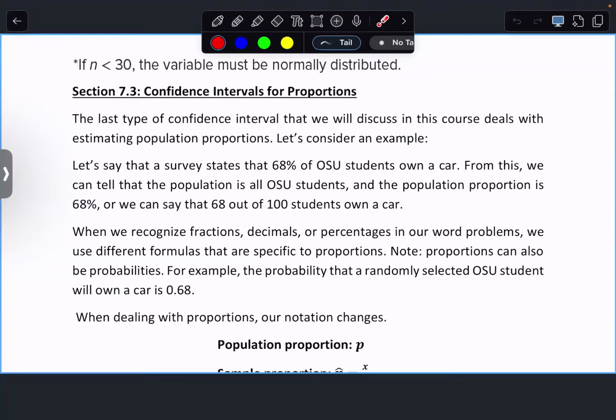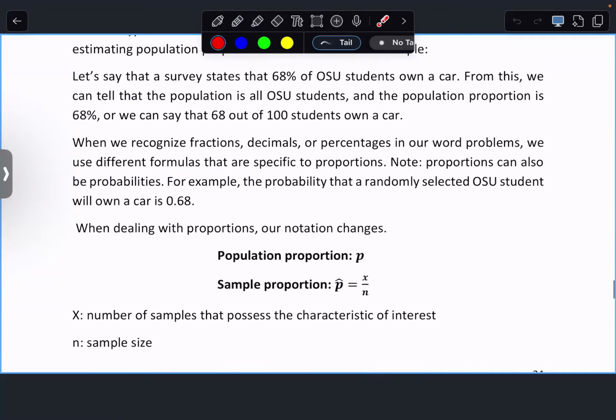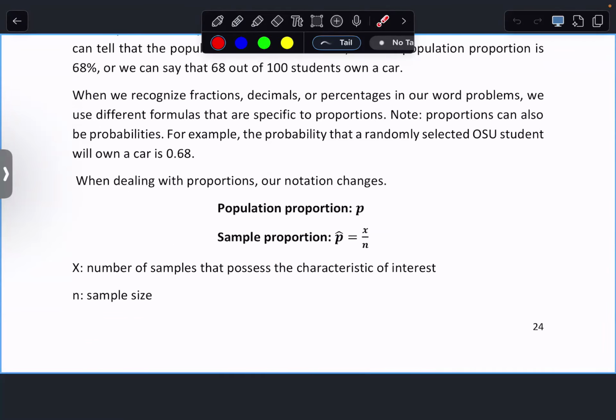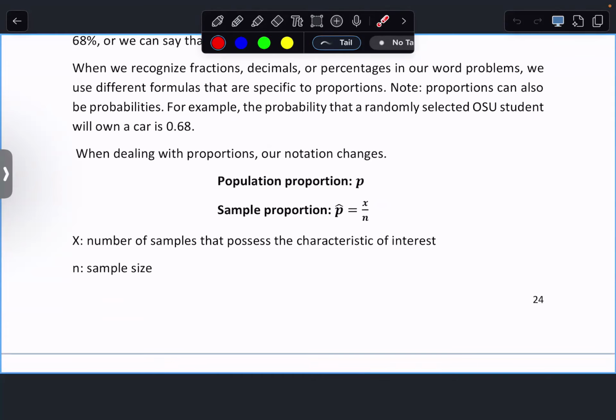The margin of error is the maximum likely difference between a point estimate and the population parameter. So because of this difference, we will want to construct a confidence interval around our sample proportion. And we will say, okay, we are 95% confident that the population proportion will fall within that particular confidence interval.